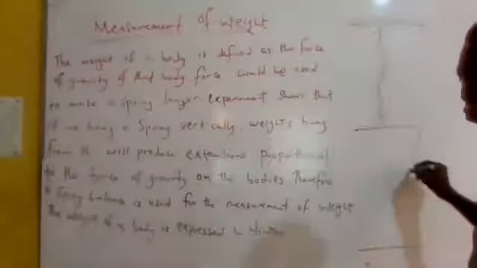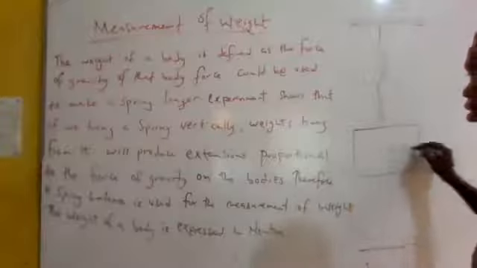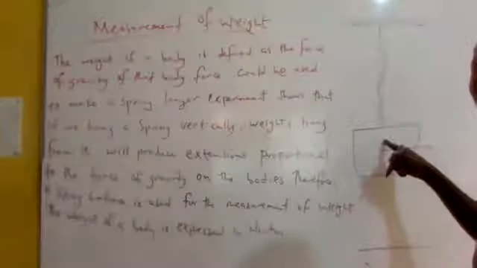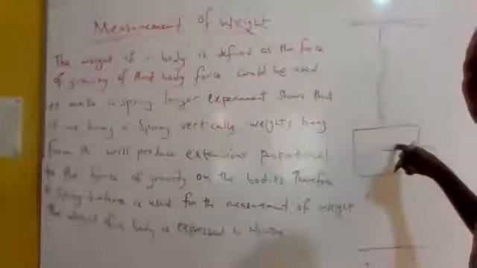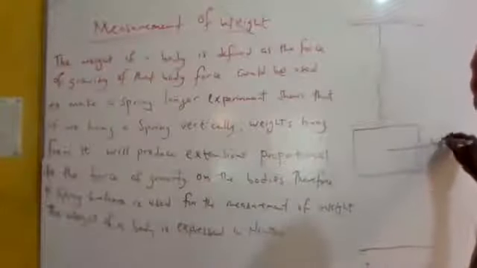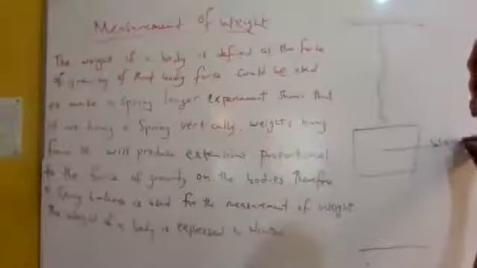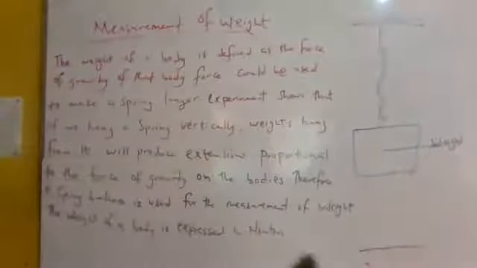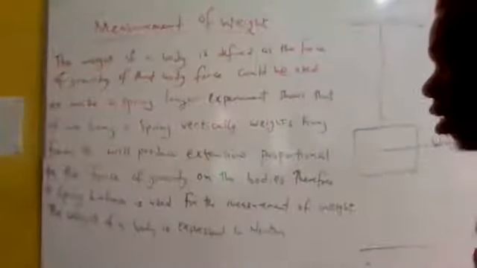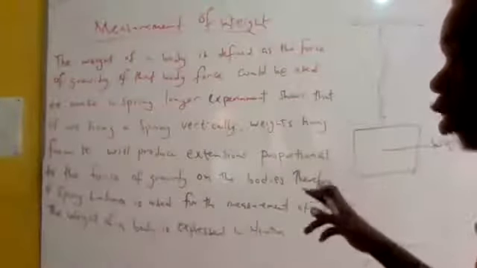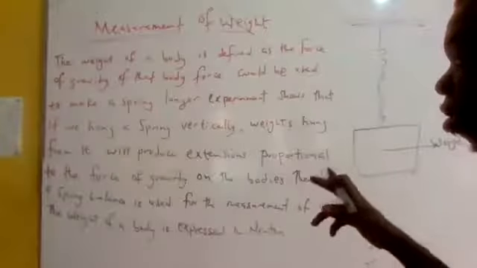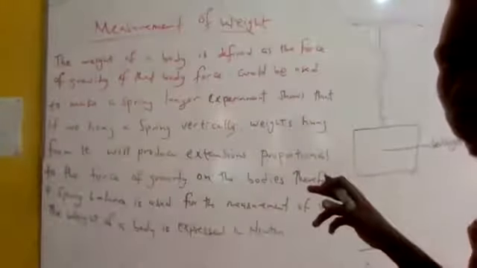Let's say this is the body. This body will have weight, wouldn't it? Yes. It will have its own weight. So for you to know the weight, it will produce extensions proportional to the force of gravity on the bodies.